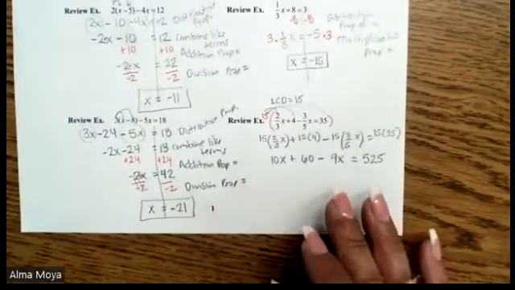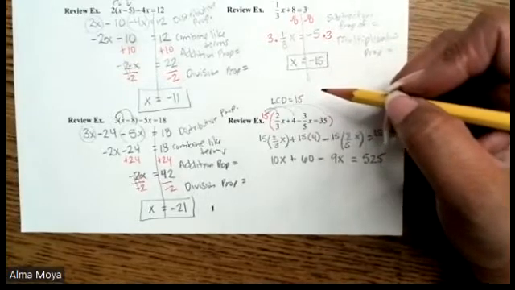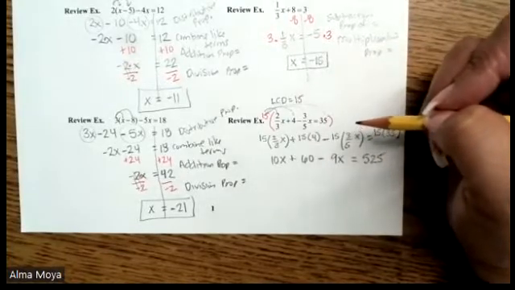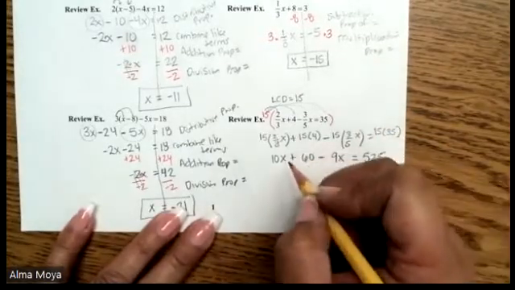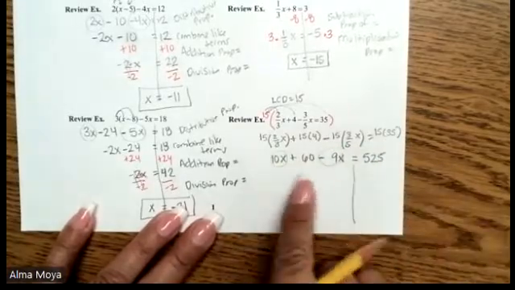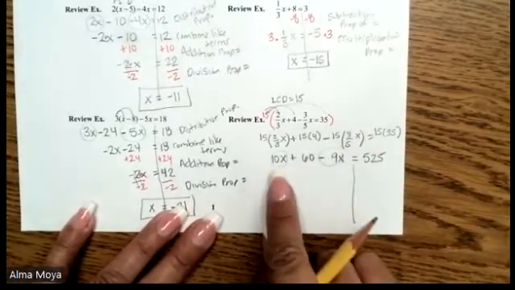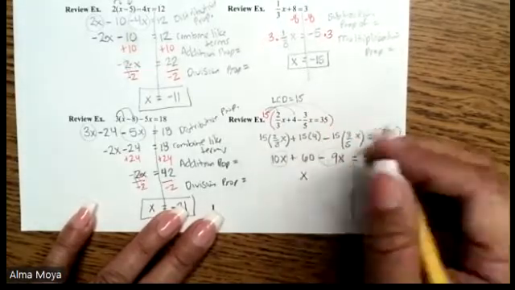That's the purpose of multiplying by the LCD, the least common denominator. It cancels out all the denominators in the problem. Next, I'm going to combine like terms. I have a 10x and a negative 9x, and those are on the same side. So 10 minus 9 is going to be 1x. Usually we don't put a 1 in front of the x.